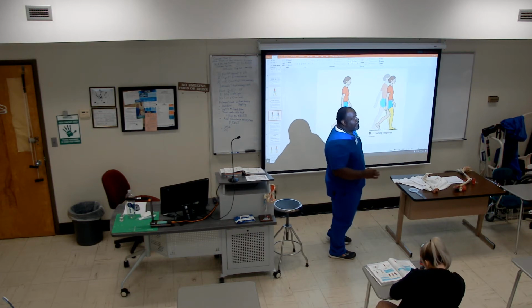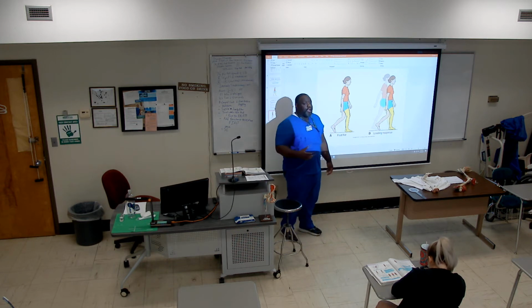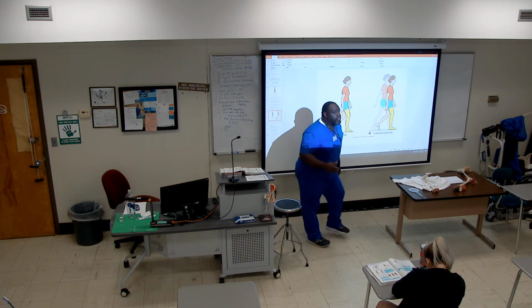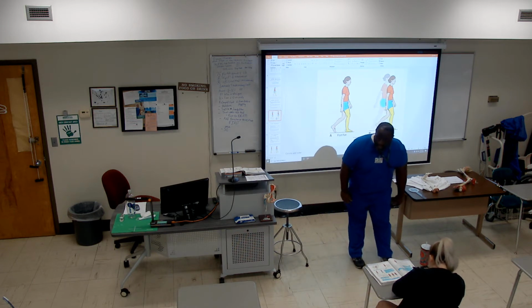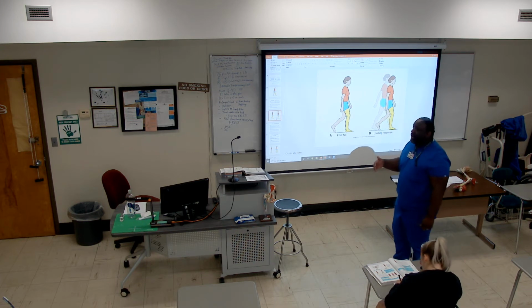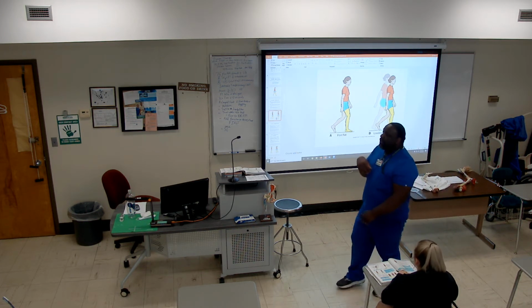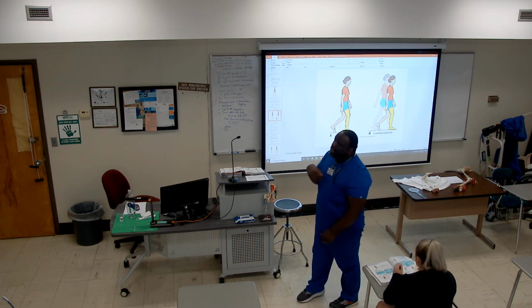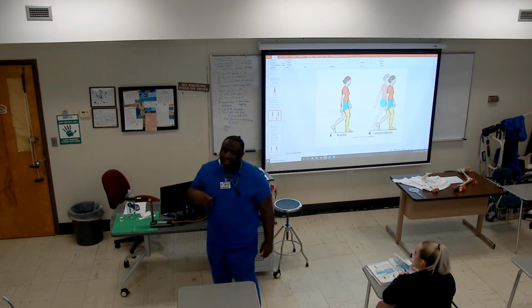So if I don't have adequate control of my hamstrings, I'm going to walk with genu recurvatum, popping back onto my knee. You'll see this a lot with hemiplegic gait. They'll walk and hyperextend their knee to try to control their gait pattern.